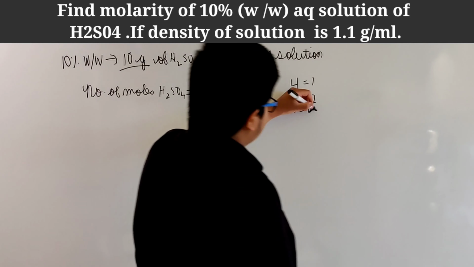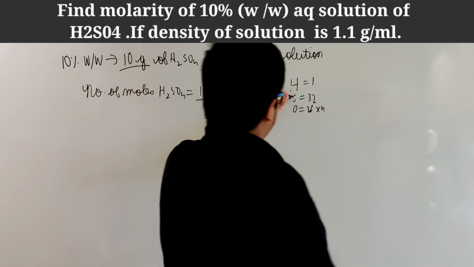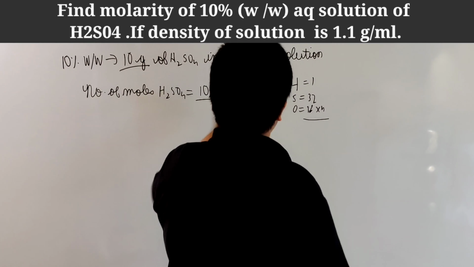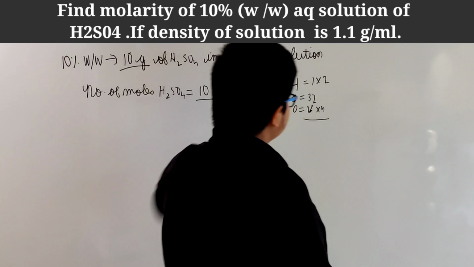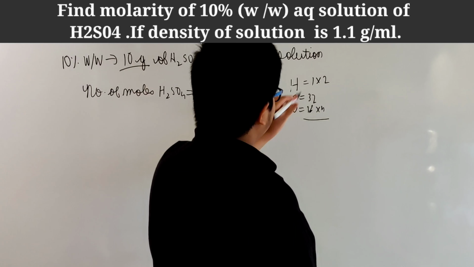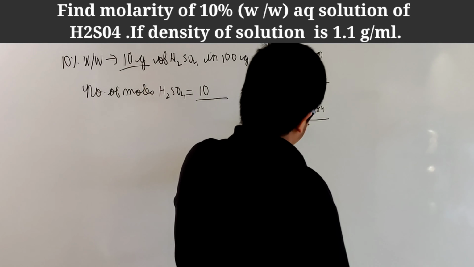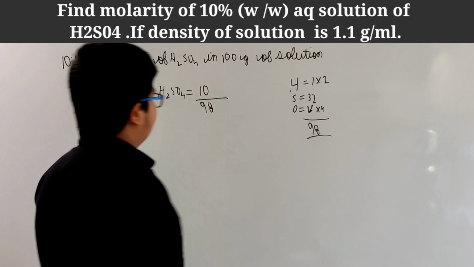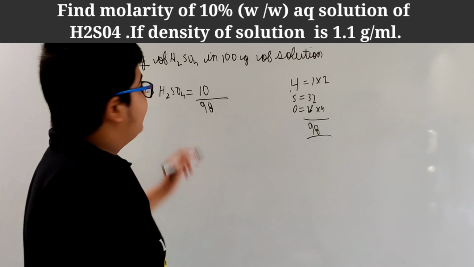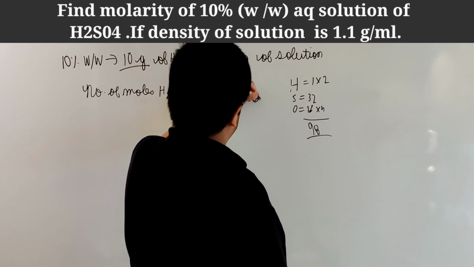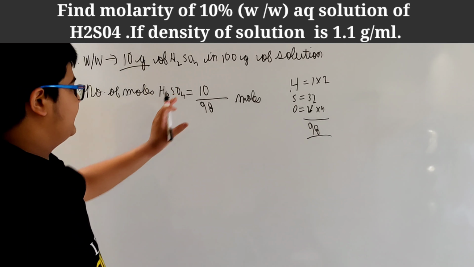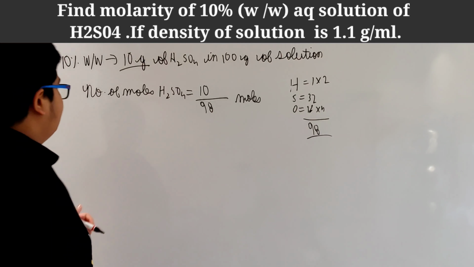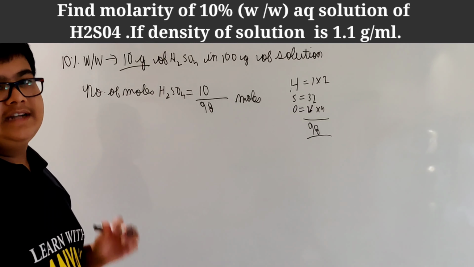As there are 4 atoms of oxygen, it will be 16 into 4, and in hydrogen there are 2 atoms, so it will be 1 into 2. So total mass will be 2 plus 32 plus 64, that is 98. Total molar mass of H2SO4 will be 98. So number of moles of H2SO4 will be 10 upon 98. We need not find the value in decimals, because it will get cancelled when we put it in the equation.